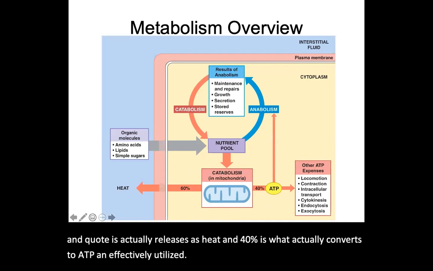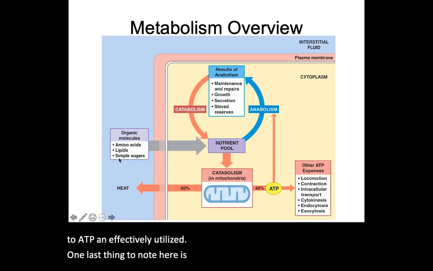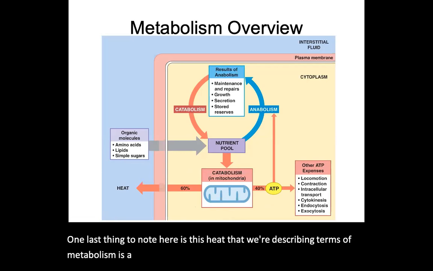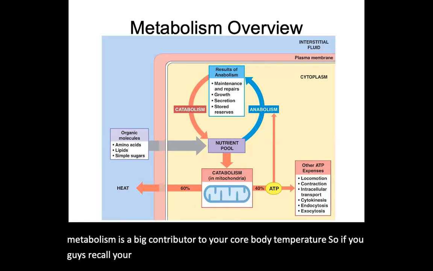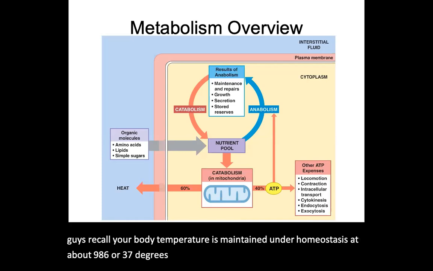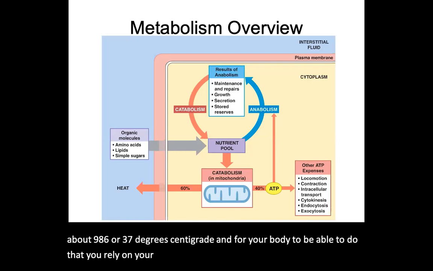One last thing to note here is that this heat that we are describing in terms of metabolism is a big contributor to your core body temperature. So if you recall, your body temperature is maintained under homeostasis at about 98.6 or 37 degrees centigrade. And for your body to be able to do that, you rely on your metabolism to contribute a significant amount of heat for that maintenance.